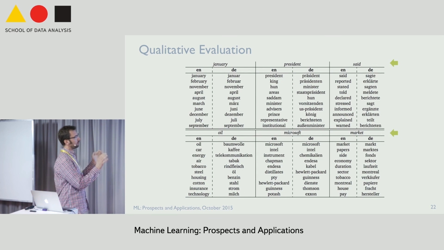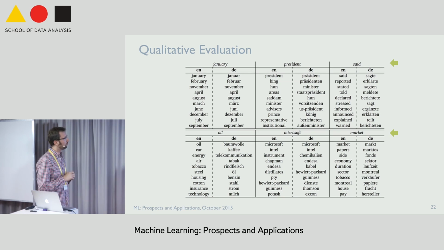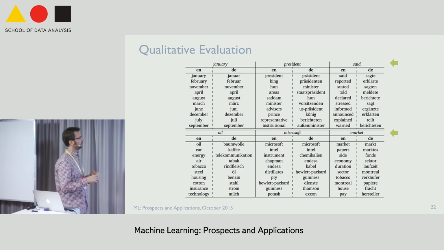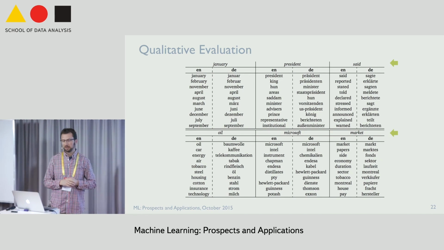So here I just picked a handful of words in English, and I looked at the nearest neighbors in the induced embedding in both English and German. I didn't really have to separate them in columns, but I did this so they're easier to read. So you see that the nearest neighbors to January are the other months in both English and German.